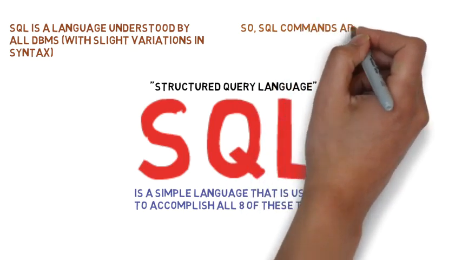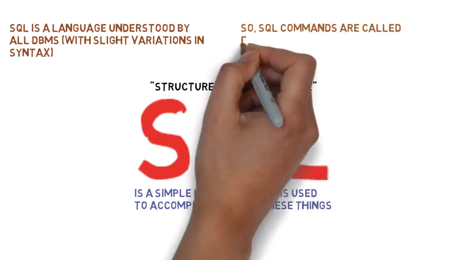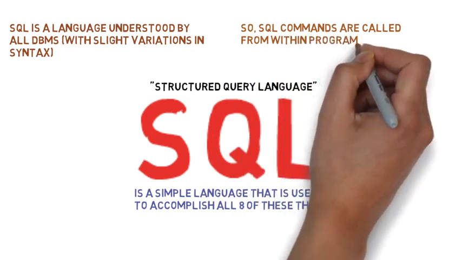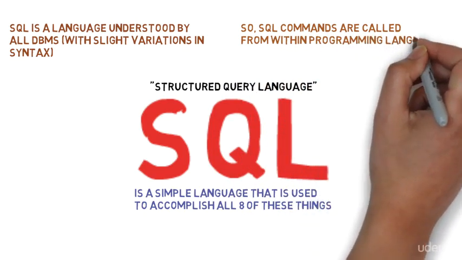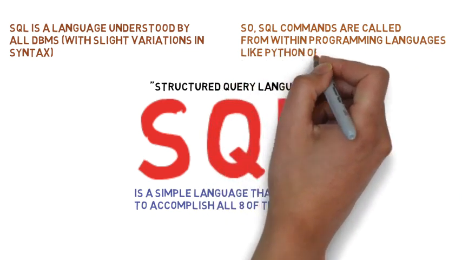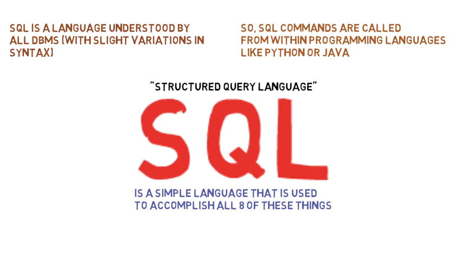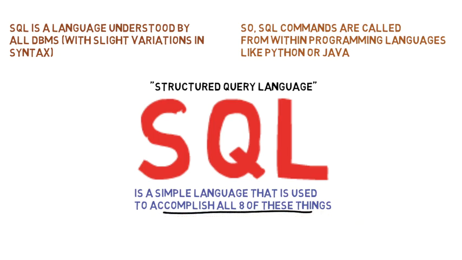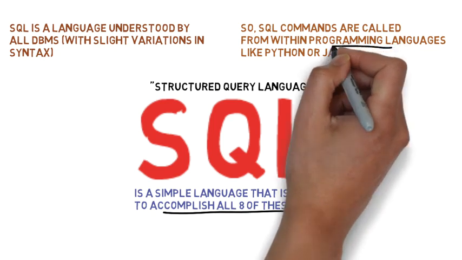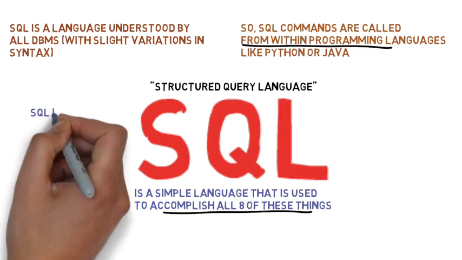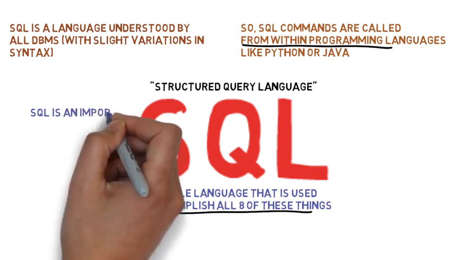So SQL commands can be called from within programming languages. They can be called on the database console, but they also can be called from within programming languages such as Python or Java. SQL is so cool that it is one data manipulation language used to accomplish all 8 of those tasks and can be called from within programming languages as well.